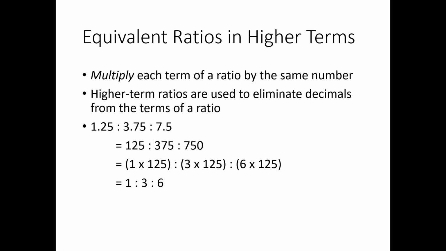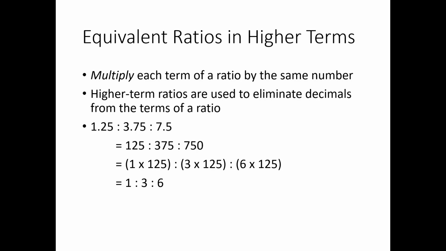Next thing we encounter in ratios is, how do I deal with ratios that have decimals in them? The example here is 1.25 to 3.75 to 7.5. The first thing we like to do is get rid of the decimal.